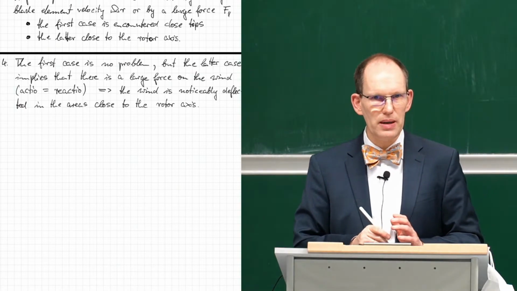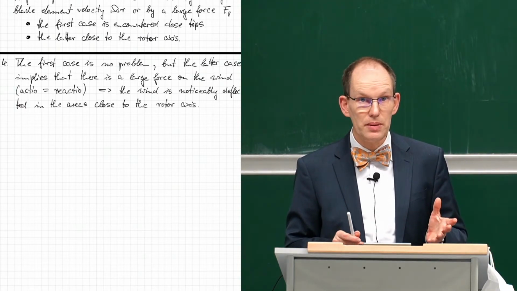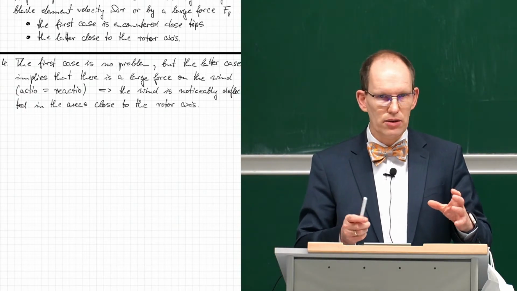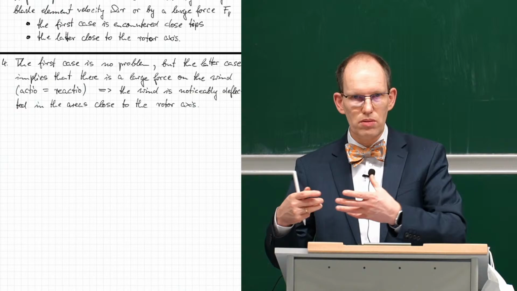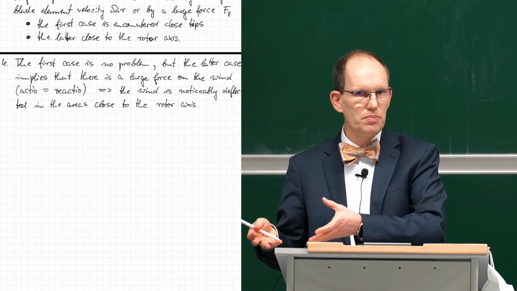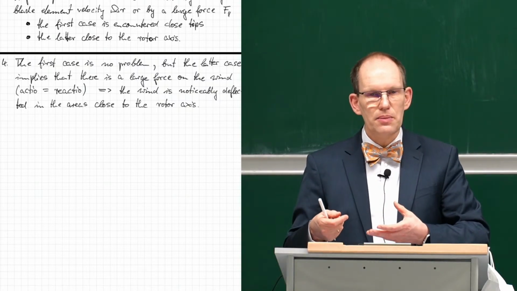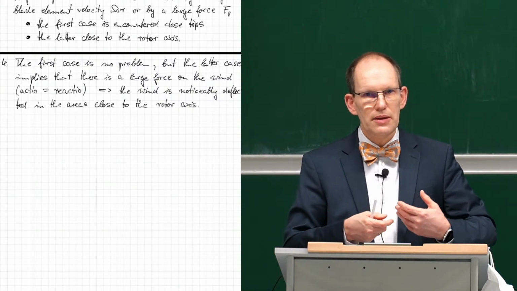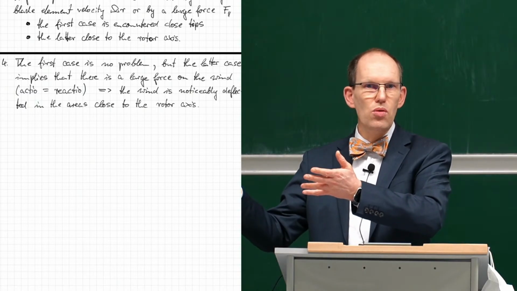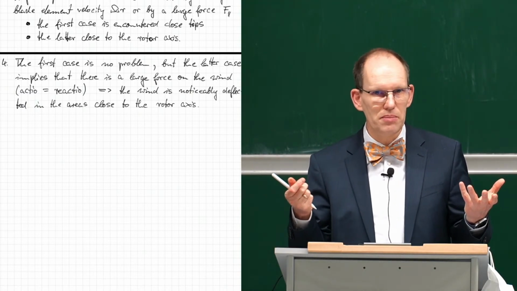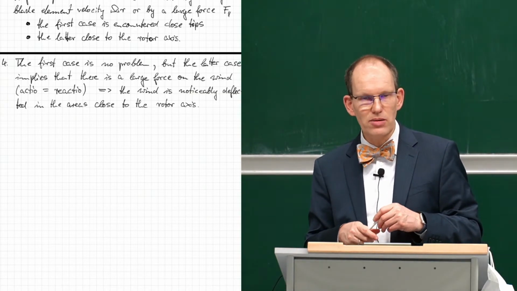Why is this a problem? Well, remember what we said when we discussed the ideal case. There we said it is not possible to take all the wind speed, all the kinetic energy of the wind. Rather, we have to ensure that the wind moves also after the windmill. Otherwise, the wind would clog the windmill, as ridiculous as it sounds.